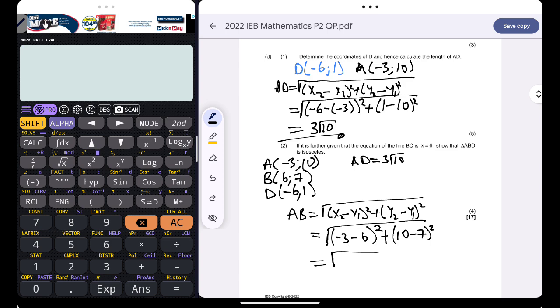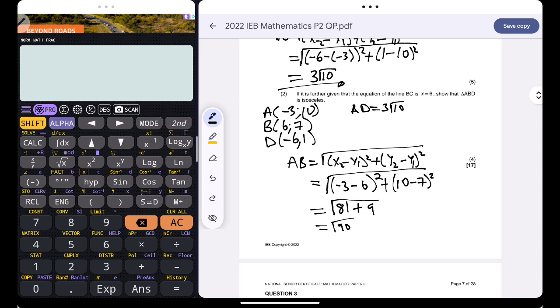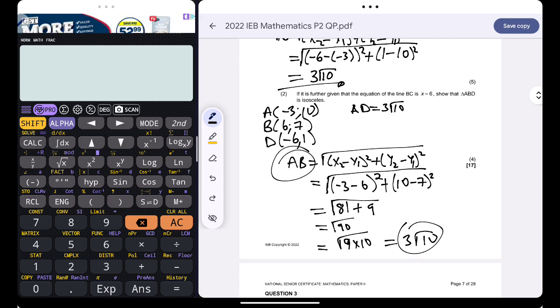Negative 3 minus 6 is negative 9, all squared. It will give me 81 plus 10 minus 7, which will give me 3. 3 squared is 9, so I'll have the square root of 90, which is equal to 9 times 10, so 3 root 10. So now I did find out that AB is equal to 3 root 10.